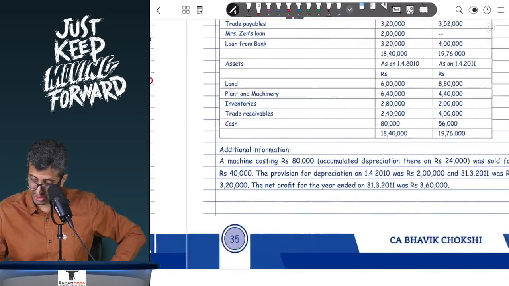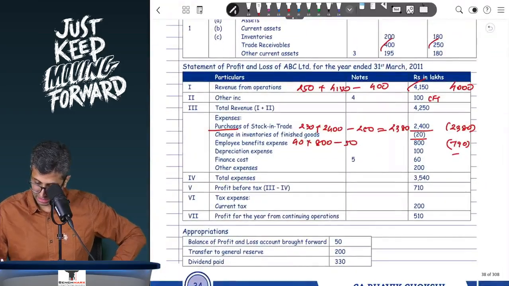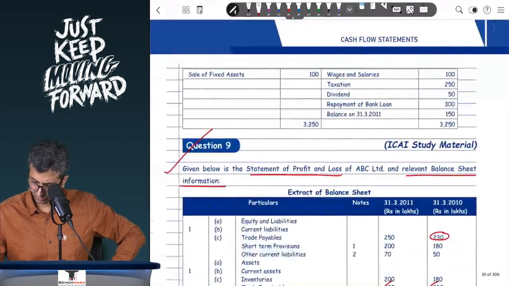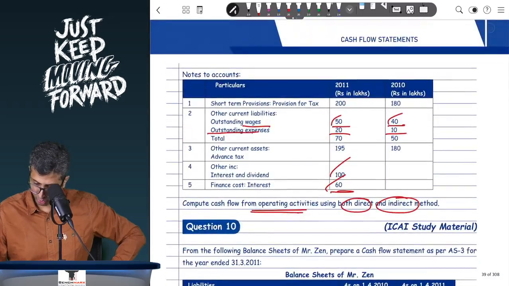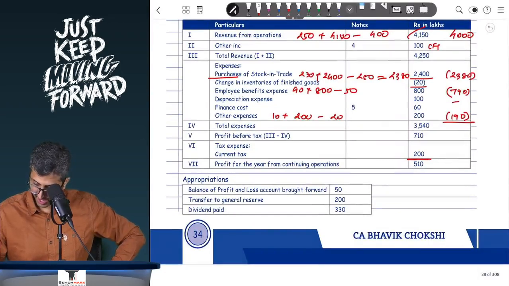And then you have other expense. Is anything given regarding outstanding other expense? Yes, again 10 and 20. So this is 10 plus 200 minus 20. Opening plus current year minus closing. So this is 190. Tax expense is this 200. Within 200 हम ढूंढेंगे 180 plus opening plus current year 200 minus closing.